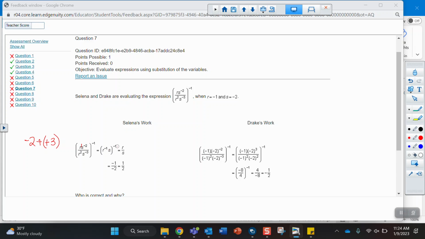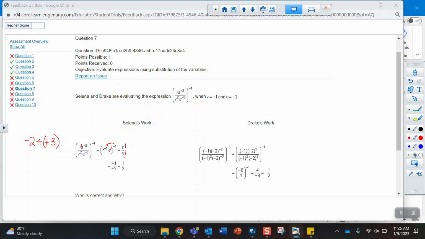Then everything gets the negative 1 power. Negative 1 times negative 1 is a positive 1. Negative 1 times 1 would be a negative 1, so that's why it moves to the bottom. So we get r to the 1st over s to the 1st. And now we're plugging in a negative 1 and a negative 2. Negative 1 over negative 2 is positive 1/2, so that's good. What did Drake do?